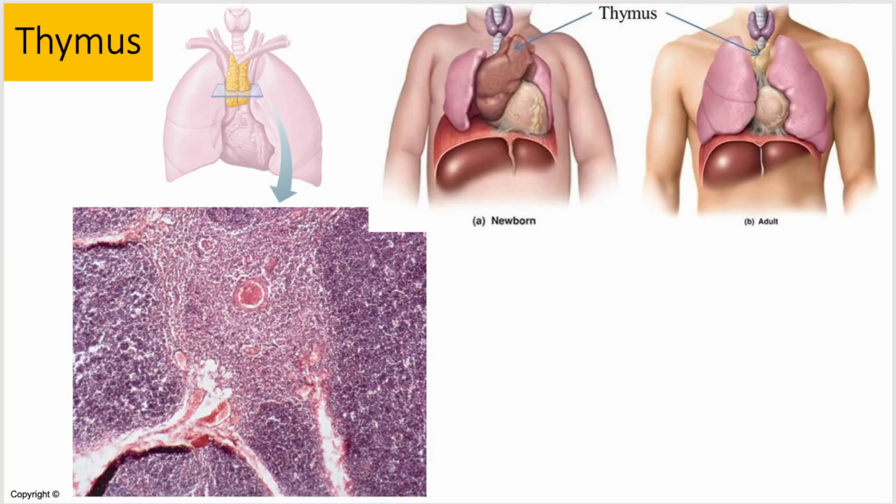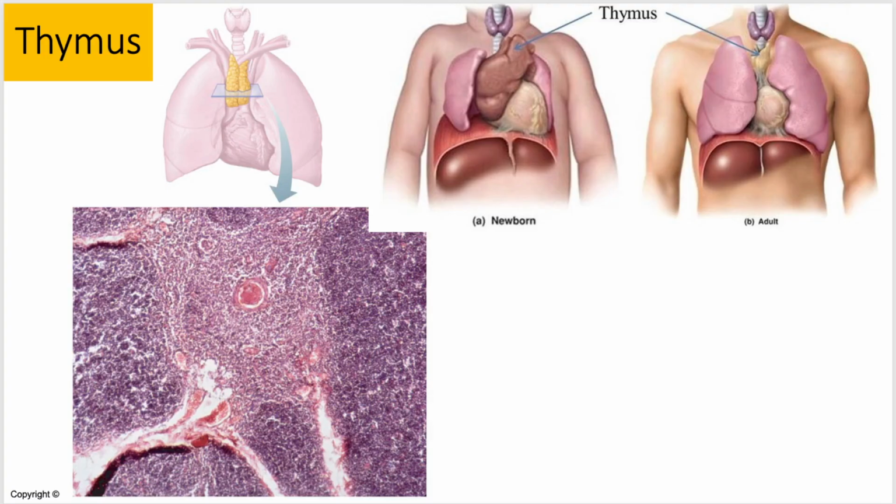After puberty, the thymus slowly decreases in size, and it eventually almost becomes completely replaced by just fibrous and fatty tissue. It still continues to produce mature T cells when you get older, but at a much, much lower rate than it does when you are a child and adolescent.